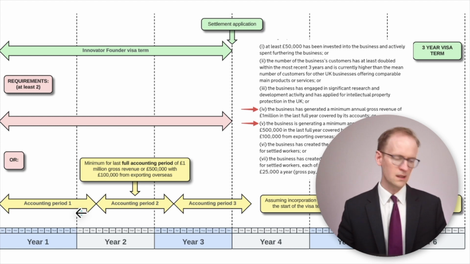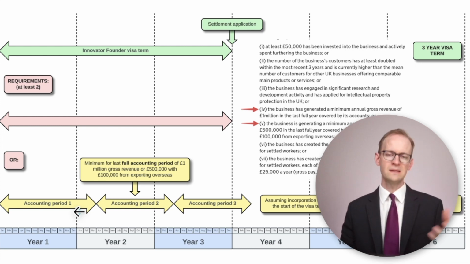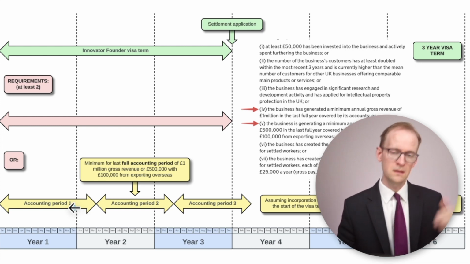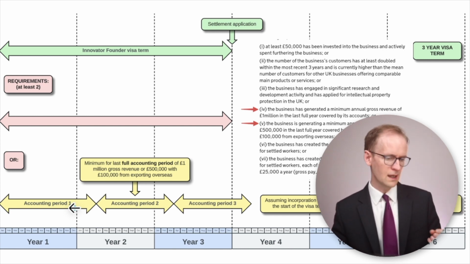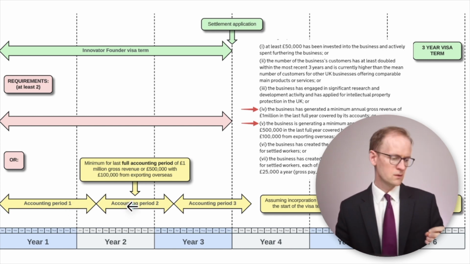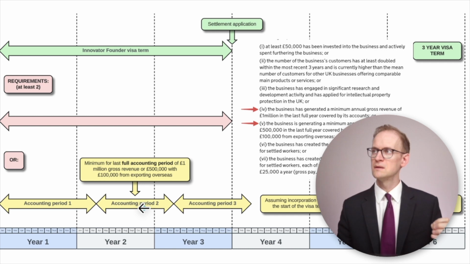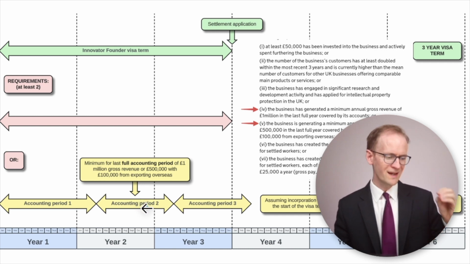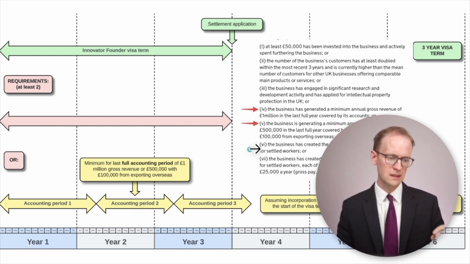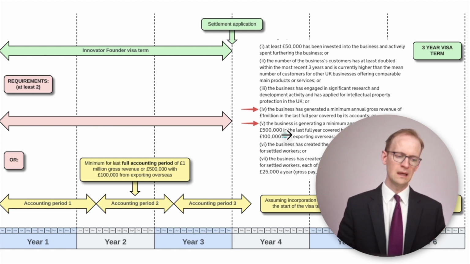Usually the first year covered by the accounts is a kind of business setup time. And indeed, you'll be in the process of moving to the UK. It's all going to be about really accounting period 2. So that 2nd year is critically important. That's the year in which you'll want this revenue to come in, if you can do it.